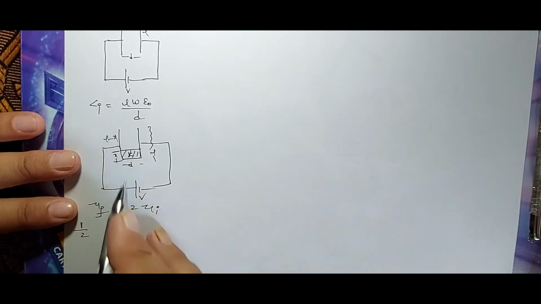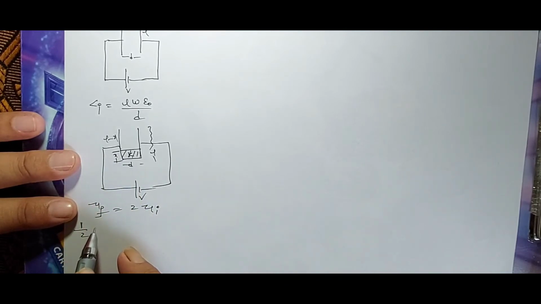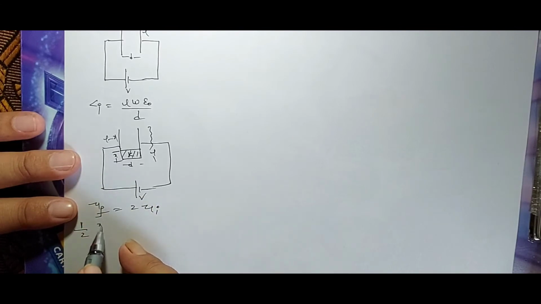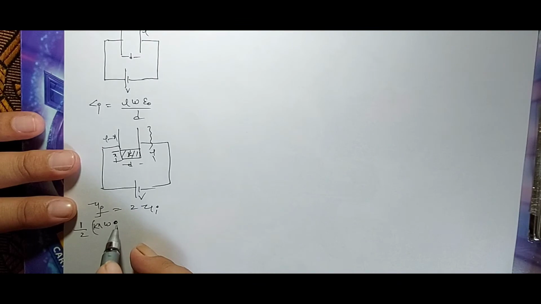This is C1 and this is C2. The length here is X, into width W, and the dielectric constant is K, so C1 is K X W epsilon naught by D.